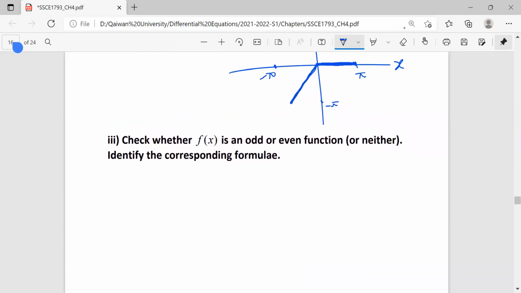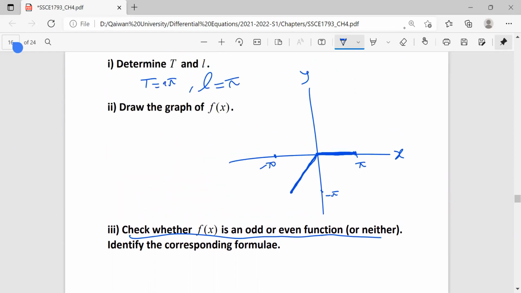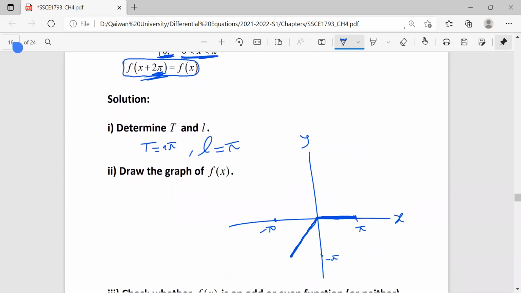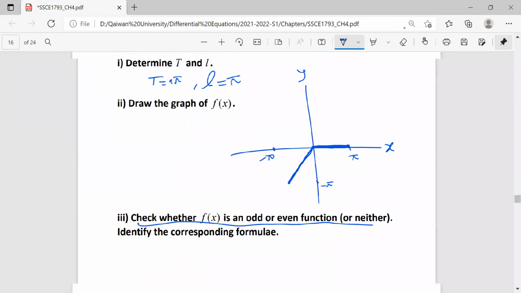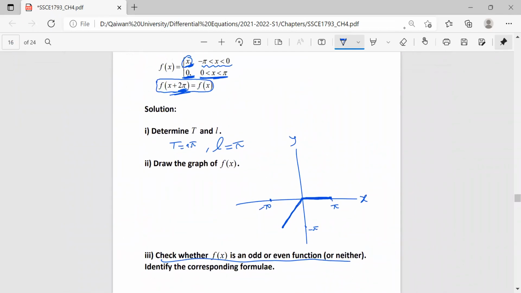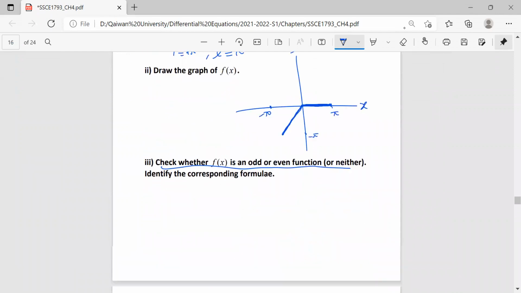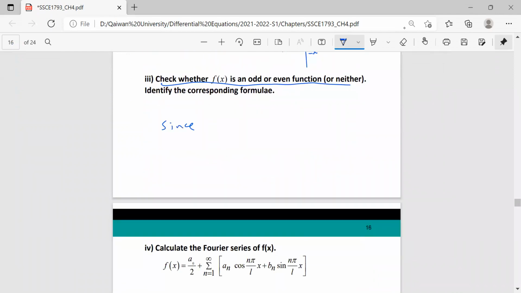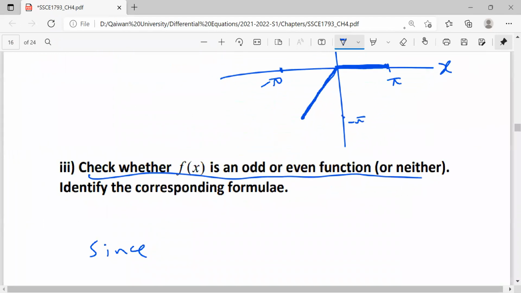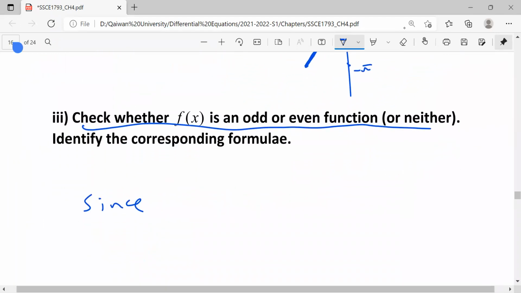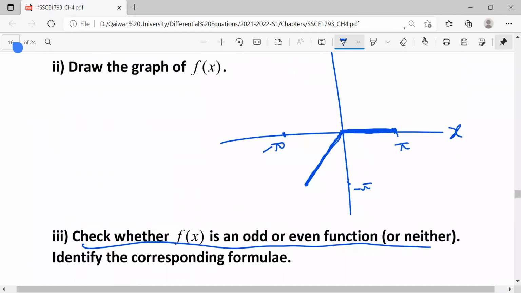Now it says check whether f of x is odd, even, or neither. Yes, the function is neither even nor odd. From the graph you can see it's not symmetric to the y-axis, and it's not symmetric to the origin.